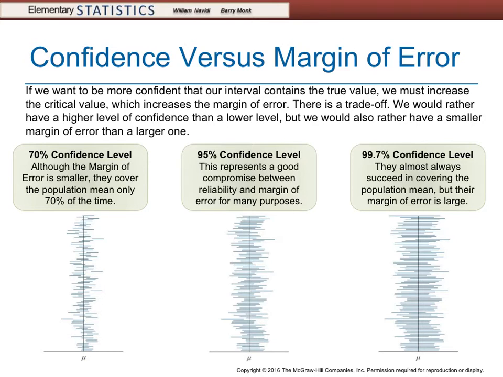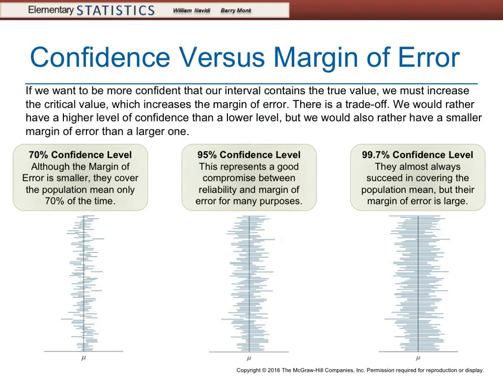So as you can see, at a 70% confidence level, although the margin of error is smaller, the intervals cover the population mean only 70% of the time. A 95% confidence level represents a good compromise between reliability and margin of error for many purposes, and it's commonly used.